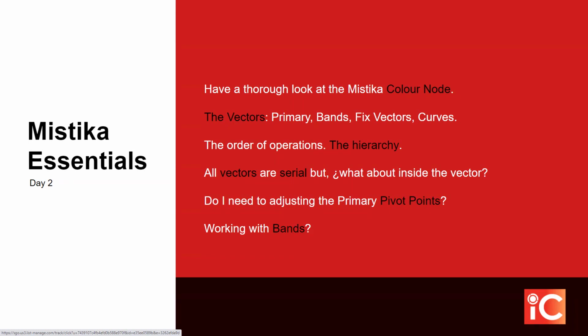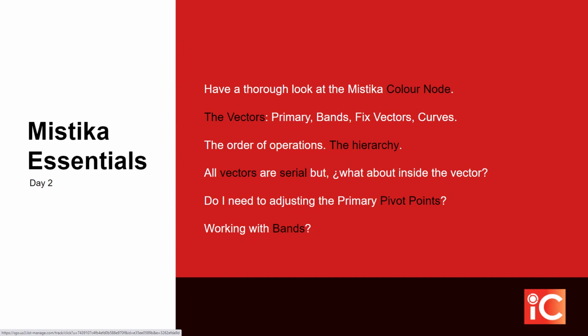We're going to learn the order of operations, not only inside the color node, but inside each vector. It's something really interesting how most of those sub-layers inside the vectors actually work in parallel. Many people think they are serial, but no, those sub-layers inside the vectors are working in parallel.